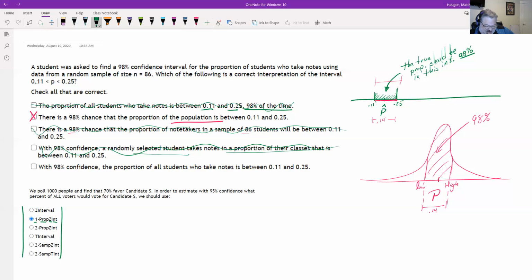With 98% confidence, the proportion of all students who take notes is between 0.11 and 0.25. No. Why not? Because it's telling you that that's exactly what's happening.